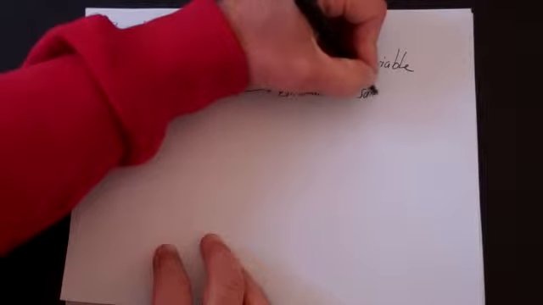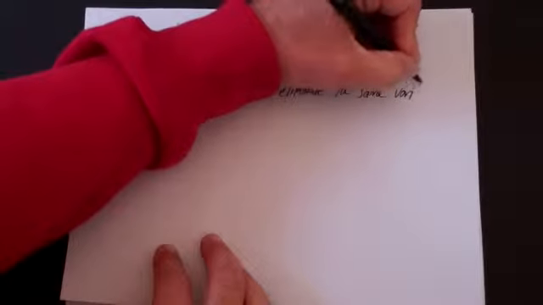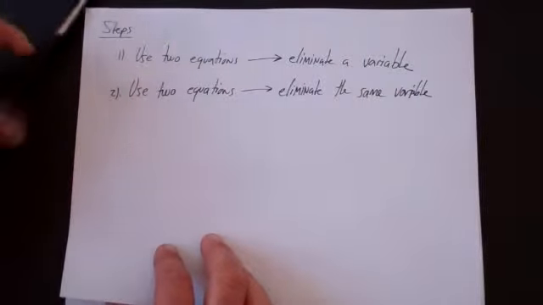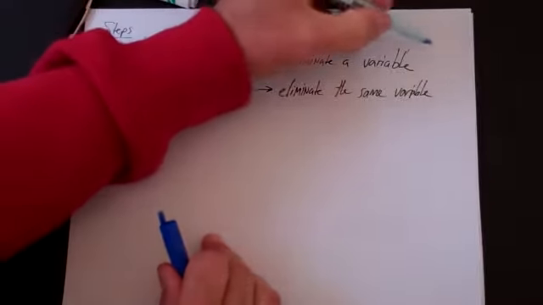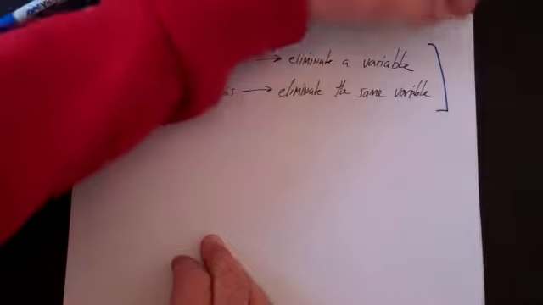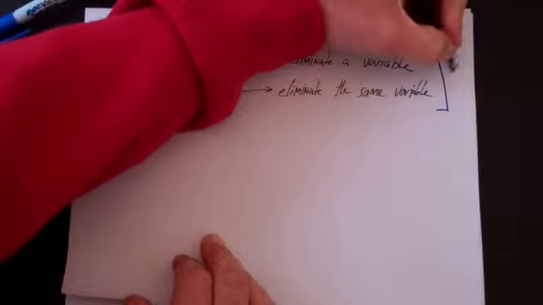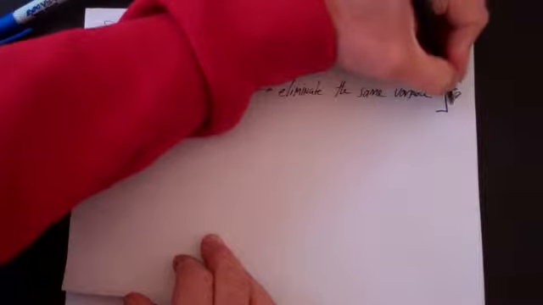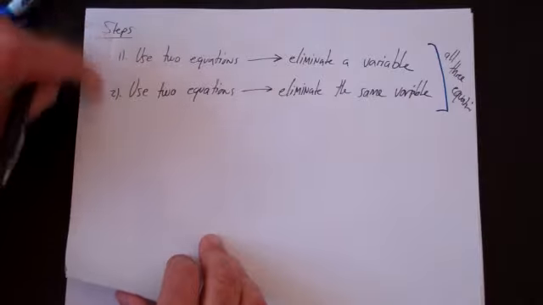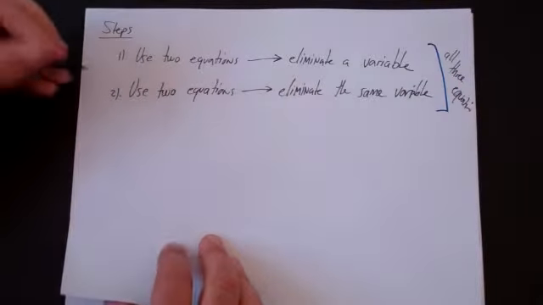And what I mean by the same variable is the same variable that we eliminated in step number one. Now the trick here is that when you do these two steps, you have to use all three equations. So for example, whatever two equations you used in the first step, in the second step you have to use that third equation as well.